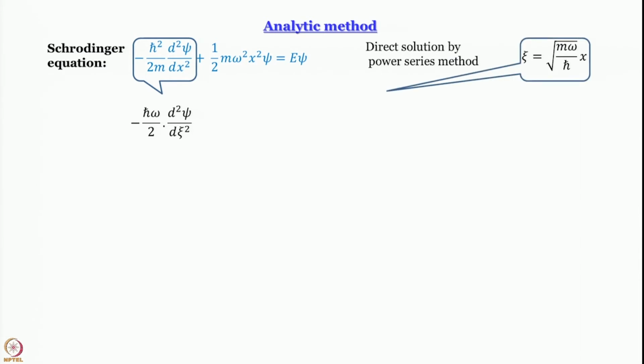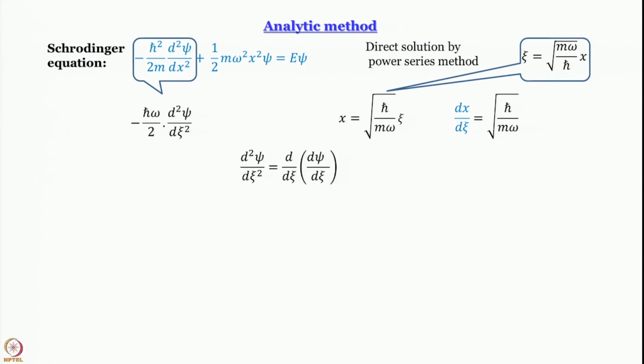So, since xi equals root over m omega by h cross multiplied by x, let us make x the subject of the formula. So, x is root over h cross divided by m omega multiplied by xi, right. So, the first thing to do would be to differentiate x with respect to xi. So, dx d xi is a constant, square root of h cross by m omega, that is fairly straightforward.